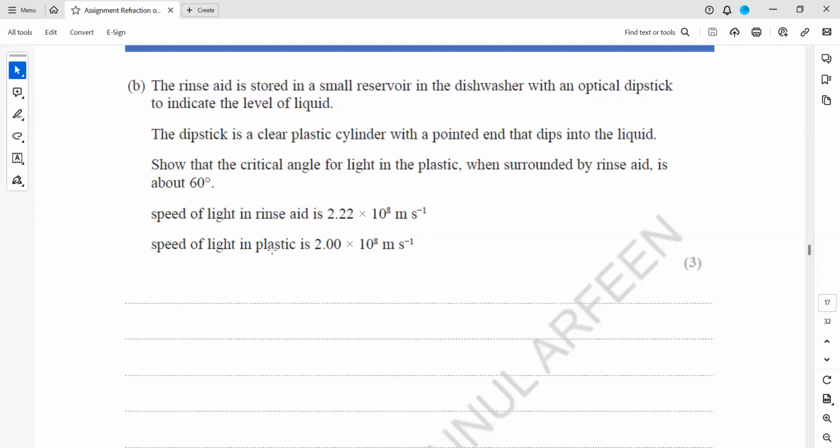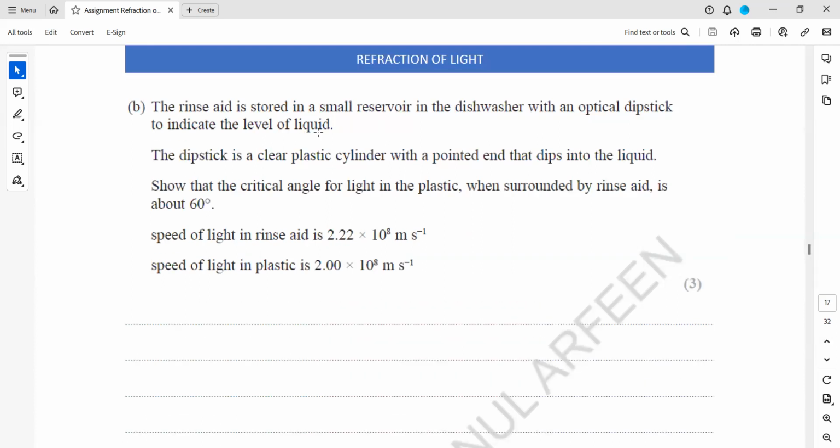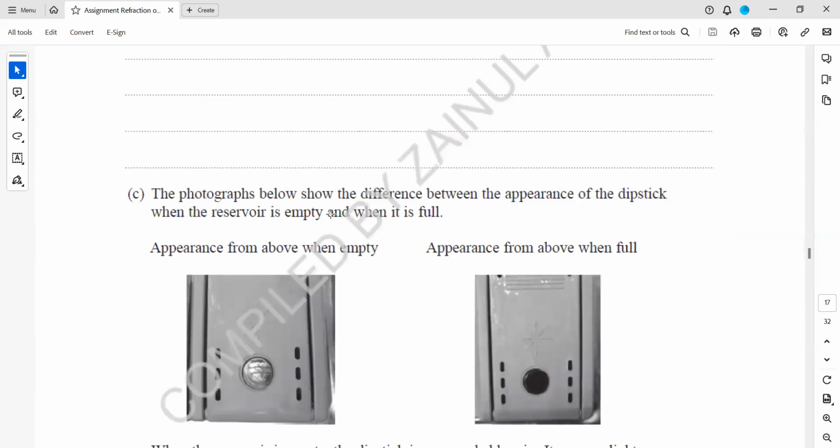Now in the second part, the rinse aid is stored in a small reservoir in a dishwasher with an optical dipstick to indicate the level of the liquid. The dipstick is a clear plastic cylinder with a pointed end that dips into the liquid. I think the image is given here.